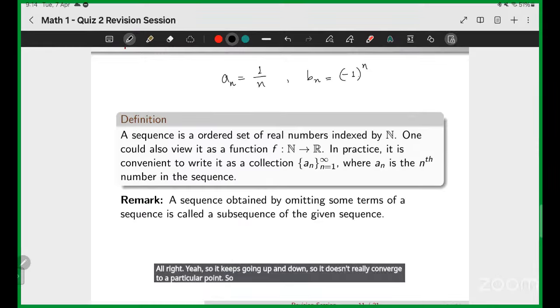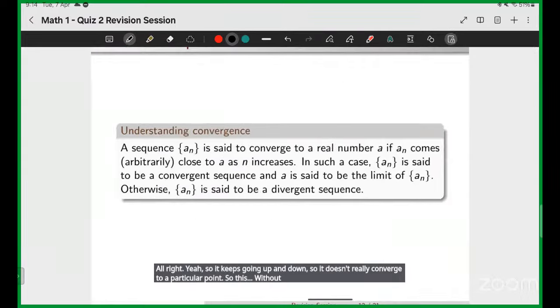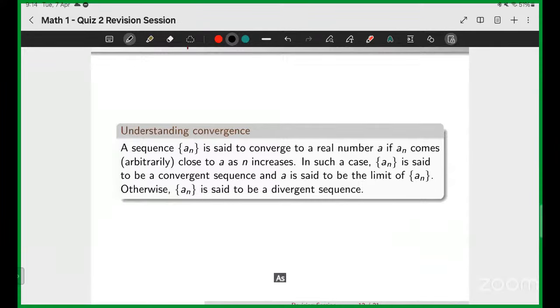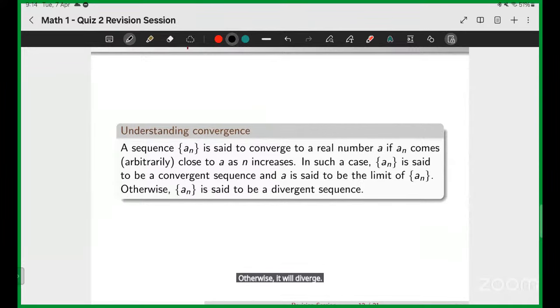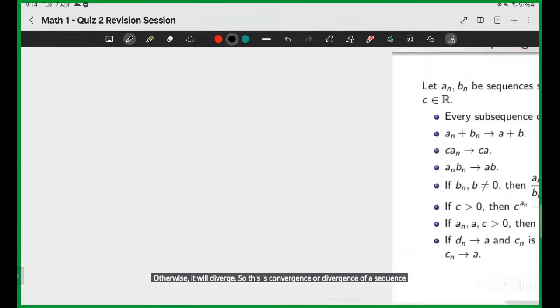So without making the rigorous definition, we'll just leave it as: a sequence is said to converge to a real number if it comes arbitrarily close to it. Otherwise, it will diverge. So this is convergence or divergence of a sequence.